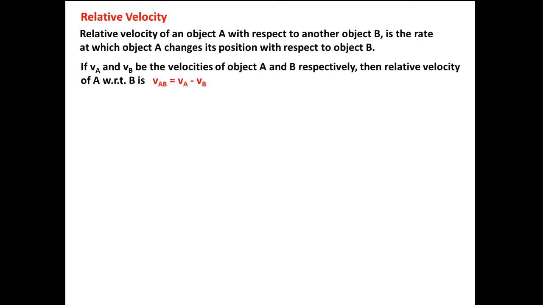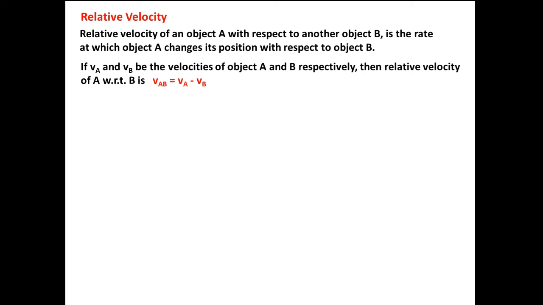Like in the earlier example, we have taken the velocity of a car with respect to the ground. We can write the velocity of car minus the velocity of ground, and we are taking the ground as 0. So VC simply means the velocity of the car with respect to the ground is nothing but the velocity of the car.